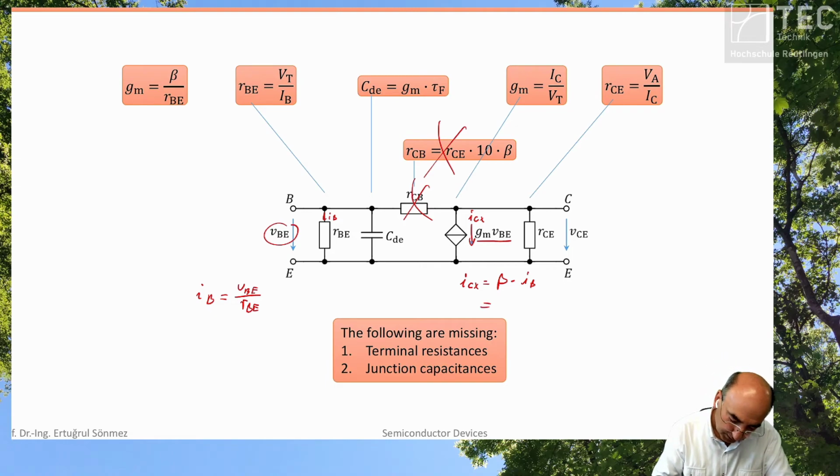And this means it's beta times VBE divided by RBE. So you can express your current as a function of these values, as a function of the voltage, as we have here a diode, as a function of the resistance.